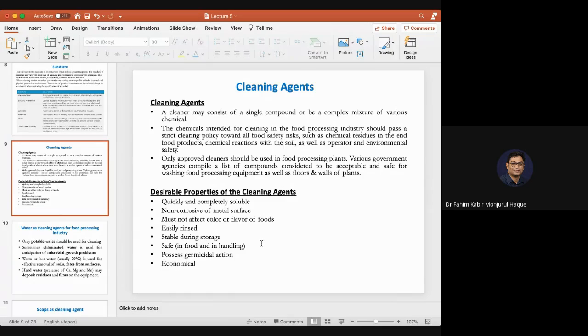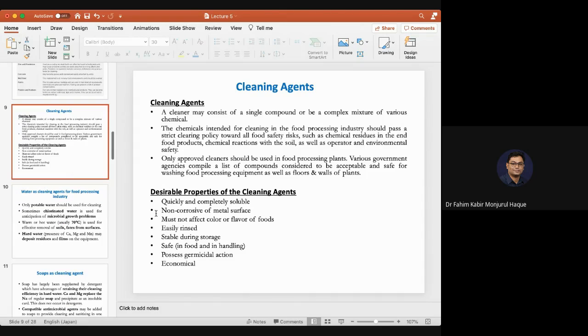Otherwise, if the food gets any contamination or residue from those cleaning agents which are toxic, they will harm the consumer's health. So it's important. The cleaning agent that we use in the food processing plant should be food grade. So when you read this or see the video, you will get a clear idea.